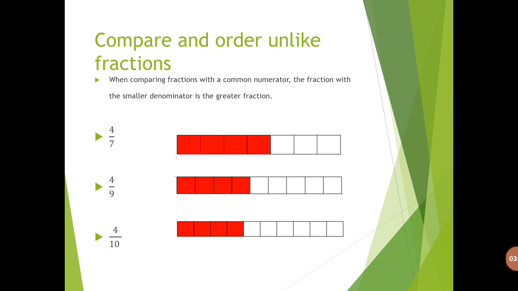In the three rectangular shapes, the numerators, the shaded parts, are the same, but the total number of parts is different, meaning the denominators are different. If we consider the first fraction, we have 4 as numerator and 7 as denominator. So the colored part is bigger than the second fraction.